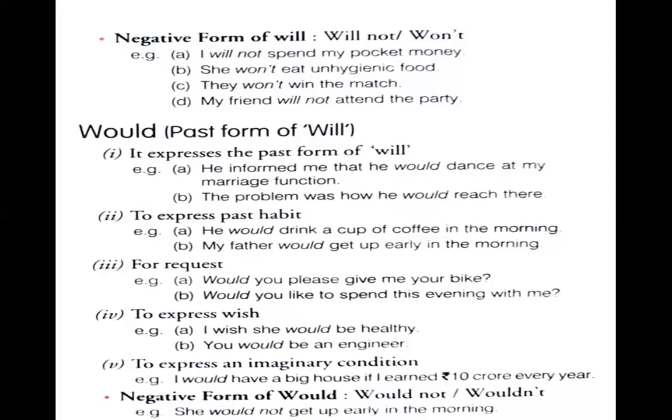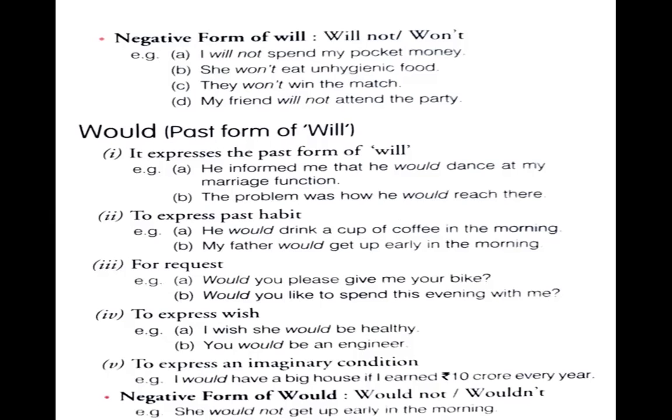When you talk about quoted speech, direct or indirect speech, there instead of will we use would. Now you see, he informed me. This informed refers to the sentence having started in the past. When the sentence starts in the past, you use future talk with would instead of will.